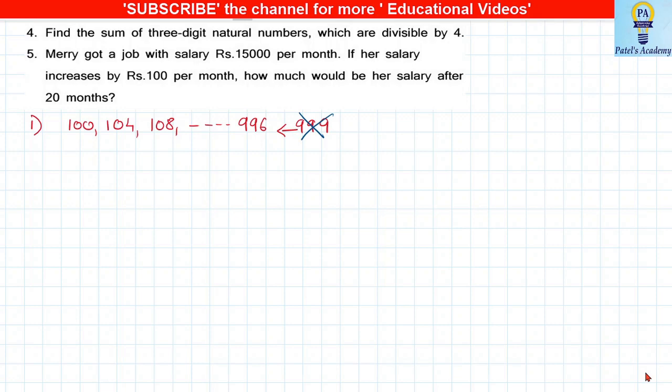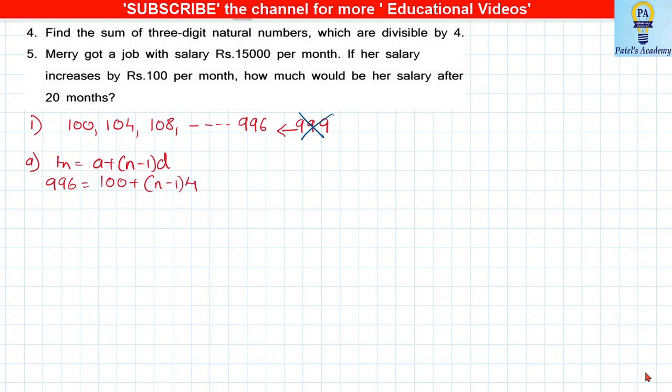Now first step, we have to find the value of n. So Tn equals a plus n minus 1 d. Tn is 996 equals 100 plus n minus 1, d is 4 because it is divisible by 4.